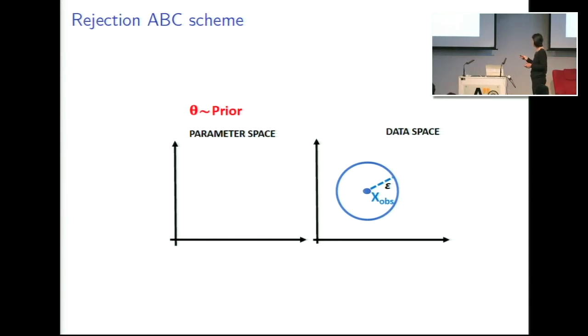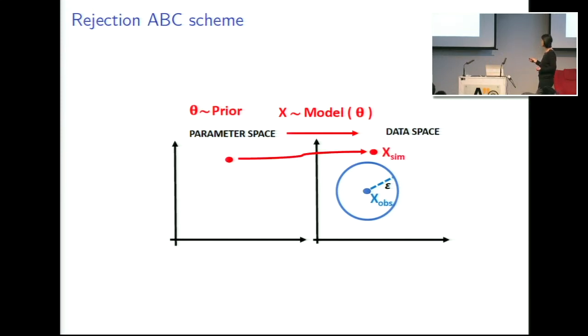So what we do is we link the parameter space to the data space through the model. The model, given a value of the parameter, simulates on the data space. So we do this over and over. We sample a value on the parameter space from the prior, and then I forward simulate using this feature of the model that allows us to simulate some data.